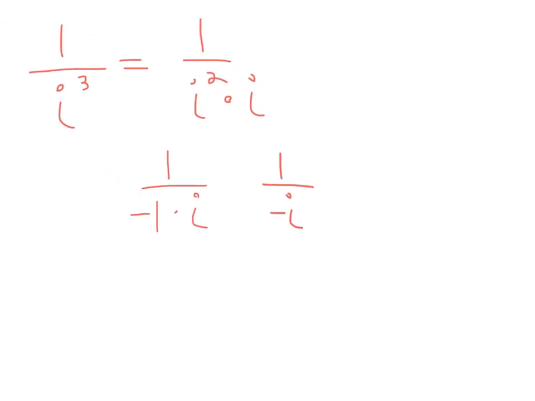So I'm going to rationalize by multiplying the top and the bottom by -i. Then I get -i over i squared, and now i squared equals -1. So -i divided by -1 is +i.